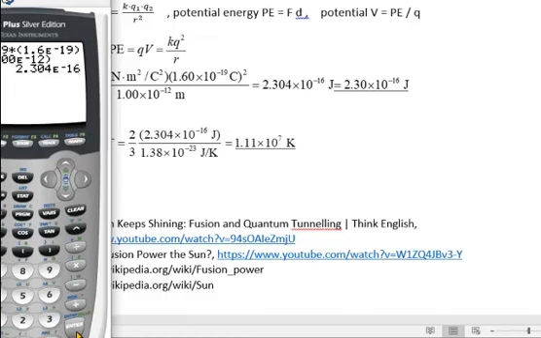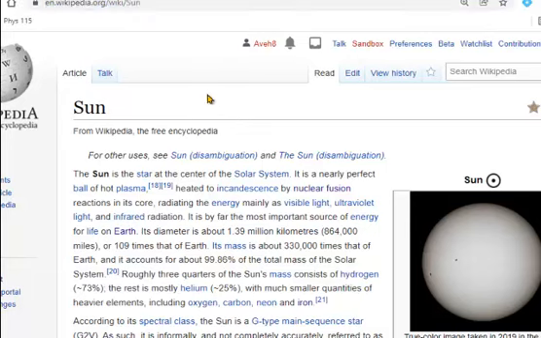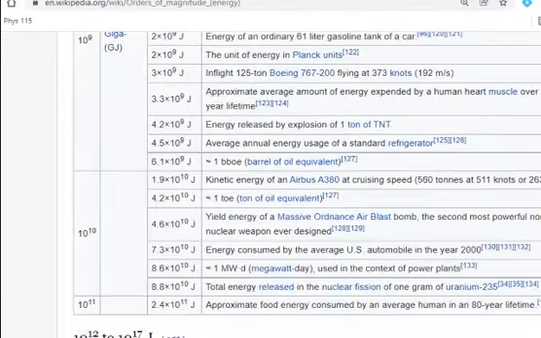To put that into perspective, I looked up the following. This one here is in joules, which I just computed.